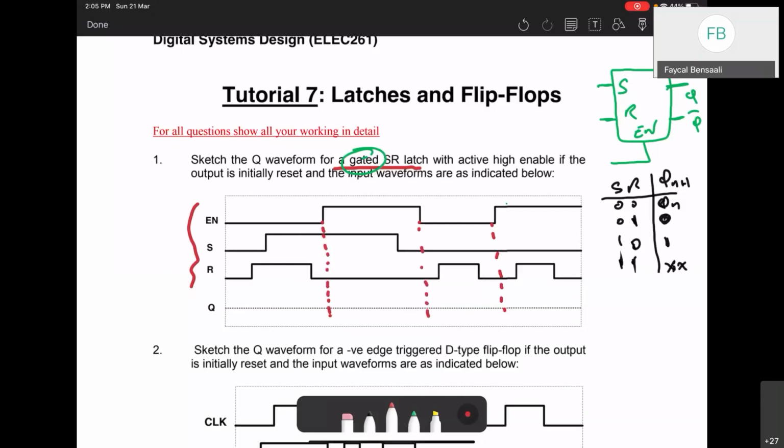And then, of course, we need to observe S and R. En is very important. When En is 0, nothing will happen. When En is 1, then we use this table. So this table works for En equal to 1. For En equal to 0, no change, nothing happens.